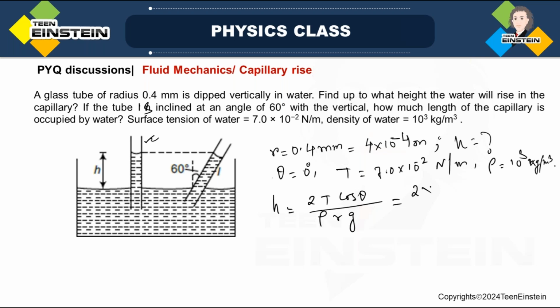That means 2 into T, T is the surface tension, cos 0 is 1, divided by 10 to the power 3, into 4 into 10 to the power minus 4, into 9.8.